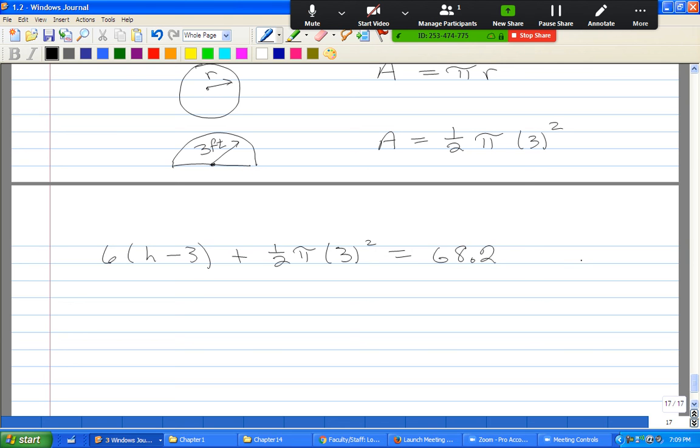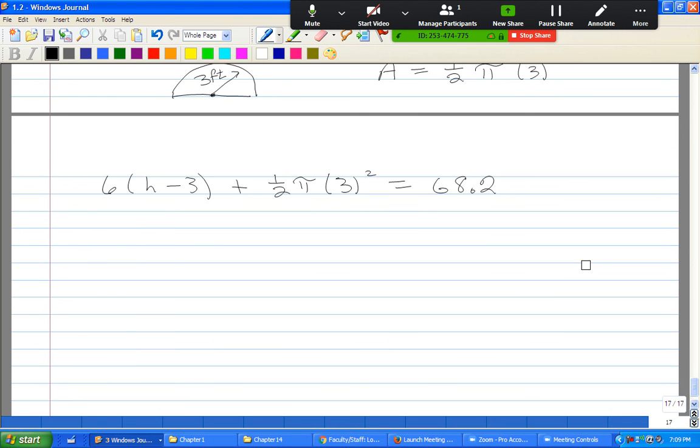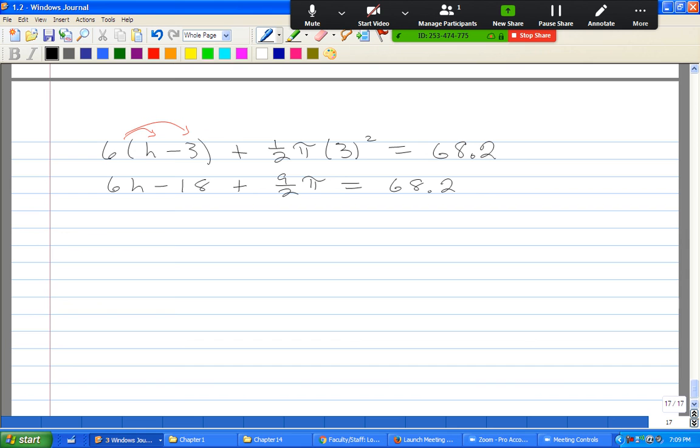And so, let me multiply the 6 inside the parentheses. So I have 6h minus 18 plus 3 squared is 9, 9 halves pi is equal to 68.2. Let me add 18 to both sides of my equation.